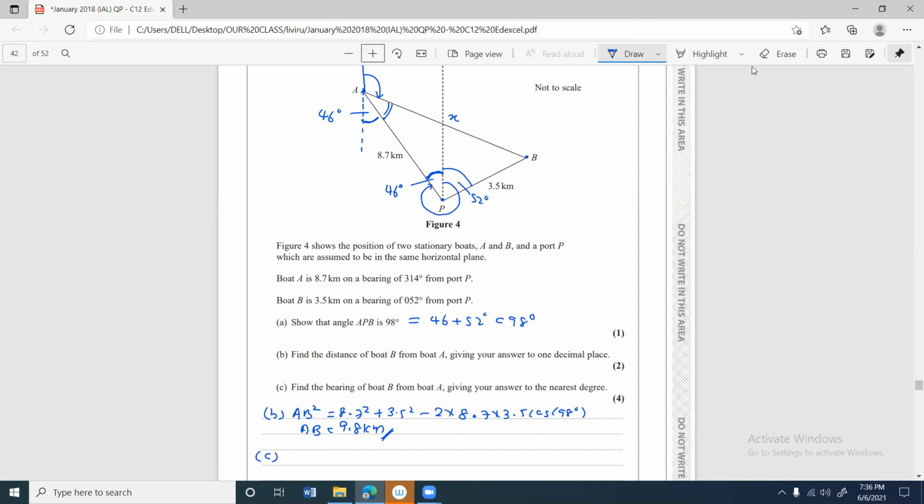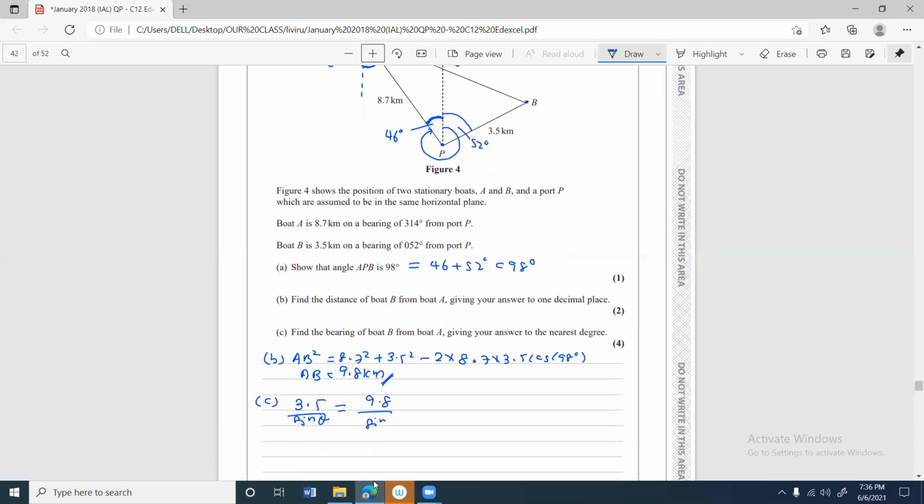So I'll use a small trick over here. I try to find the angle theta, and I can use the sine rule for this. 3.5 divided by sine theta is equal to 9.8 divided by sine 98, which we already found. So sine theta is equal to 3.5 into sine 98 divided by 9.8.